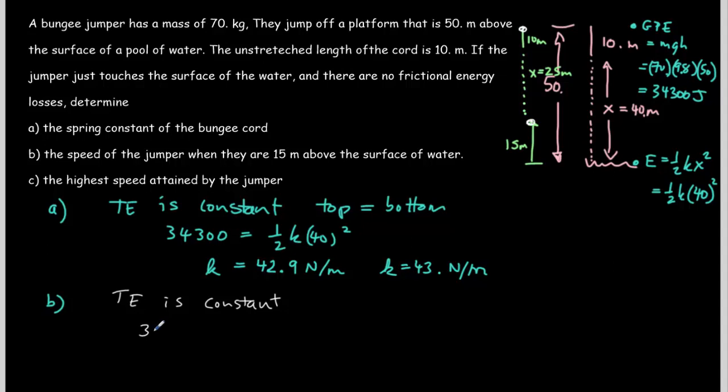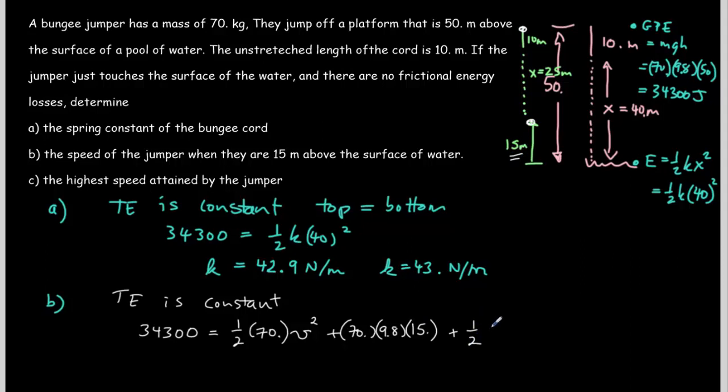So we've got the 34,300 must equal the kinetic energy, 1/2 mass, which is 70, times the speed, which we're asked for, and that will be squared, plus the gravitational potential energy, which would be mgh, 70 times 9.8, and its height is going to be that 15 meters, plus the energy that's stored in the spring, 1/2.